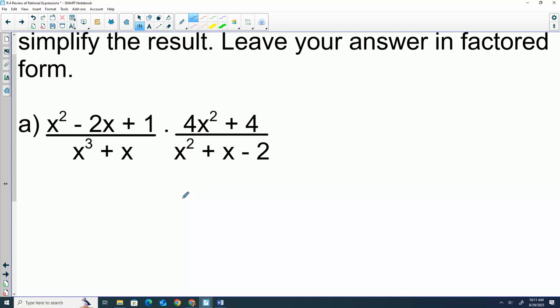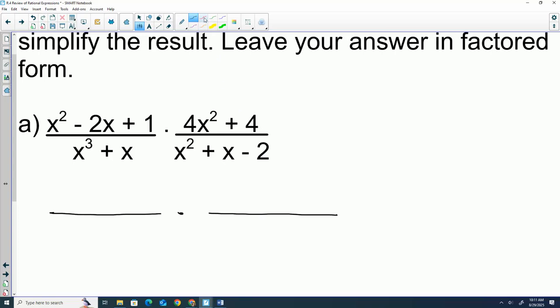It'll be a lot of work. But if I start with my original problem and simplify first, it saves me a ton of time, and the problem isn't very complicated.